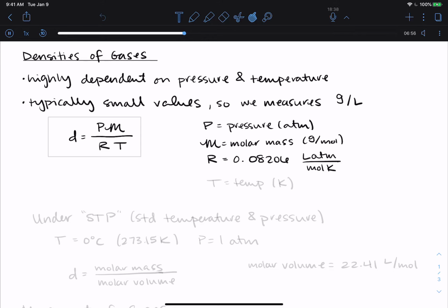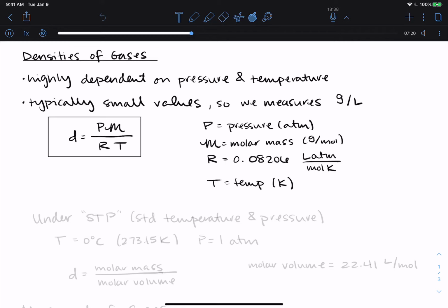This is great. The moles are going to cancel out with that grams per mole in the molar mass. And it's giving us a look ahead. Our temperature needs to be in Kelvin. All right, so let's get a box around this. That is the equation to calculate density.